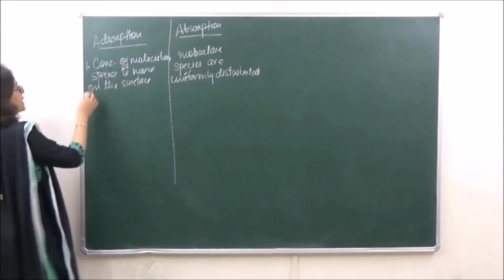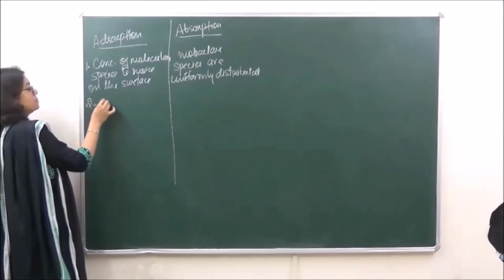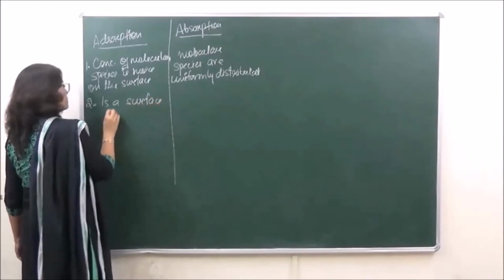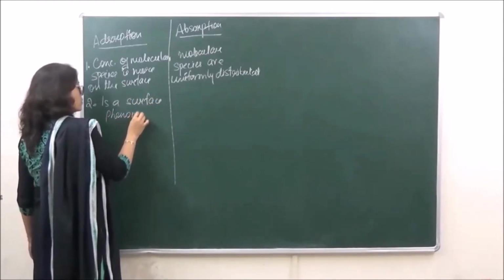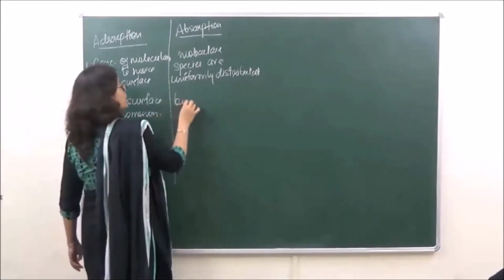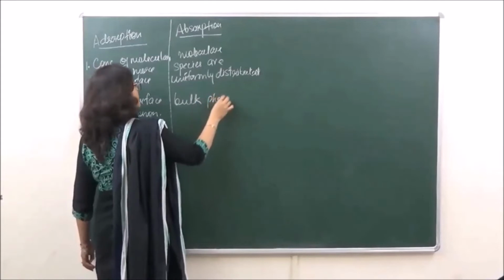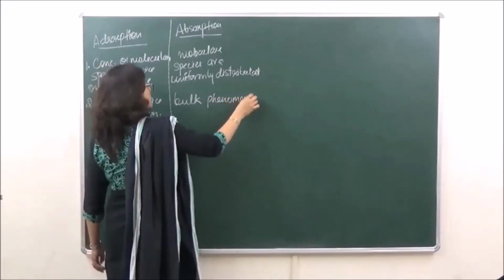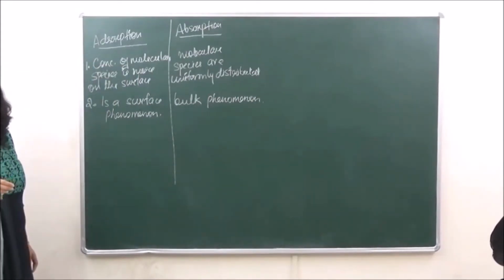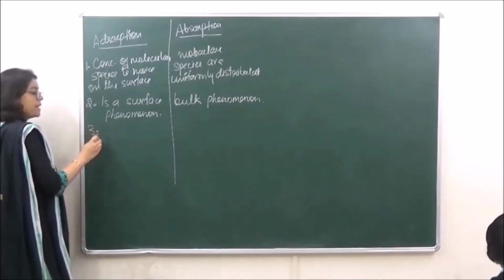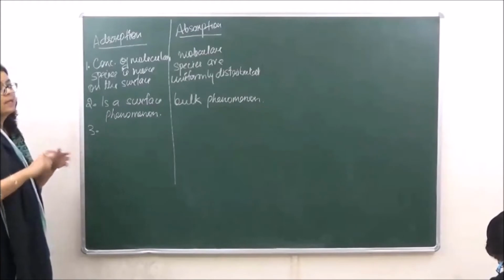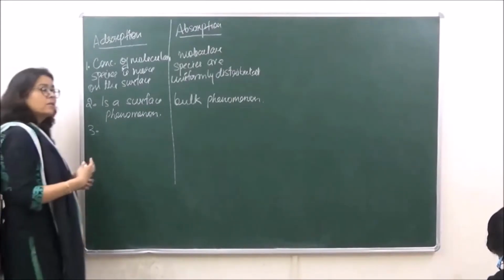Then number 2, we say that adsorption is a surface phenomenon, whereas absorption is a bulk phenomenon. Right? This is another difference. Then the third difference is that adsorption is rapid in the beginning. As soon as we put the charcoal in a mixture of gases, immediately it will start adsorbing.